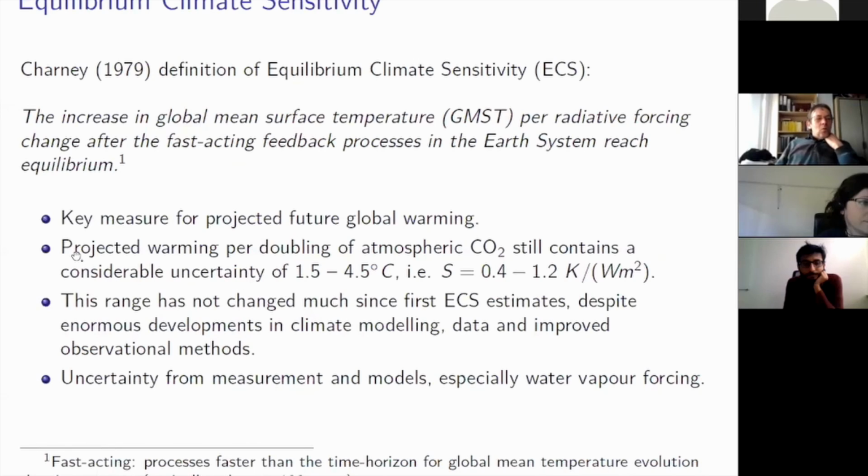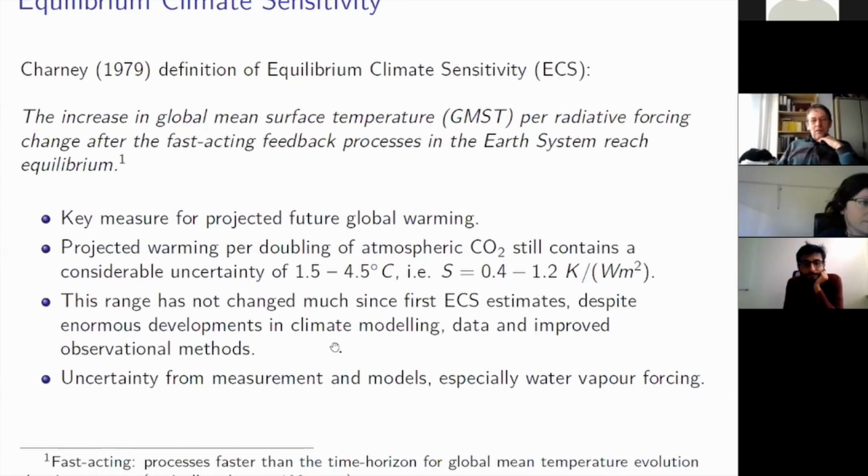And one of the big issues in climate science, as far as I understand, is that this quantity is still relatively poorly known. In the 5th assessment report, the projected range of global warming for a doubling of CO2 was still very uncertain, with estimates going between 1.5 and 4.5. Talking to people at the Met Office, the next assessment report seems to be possibly even worse than that.